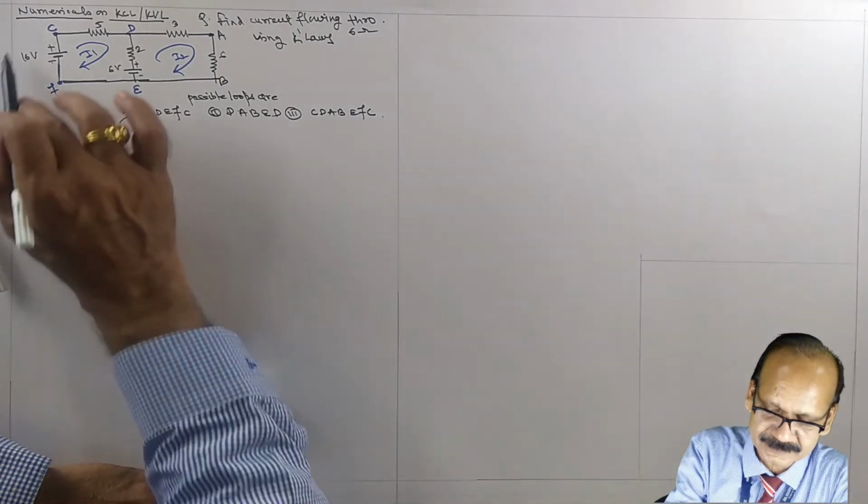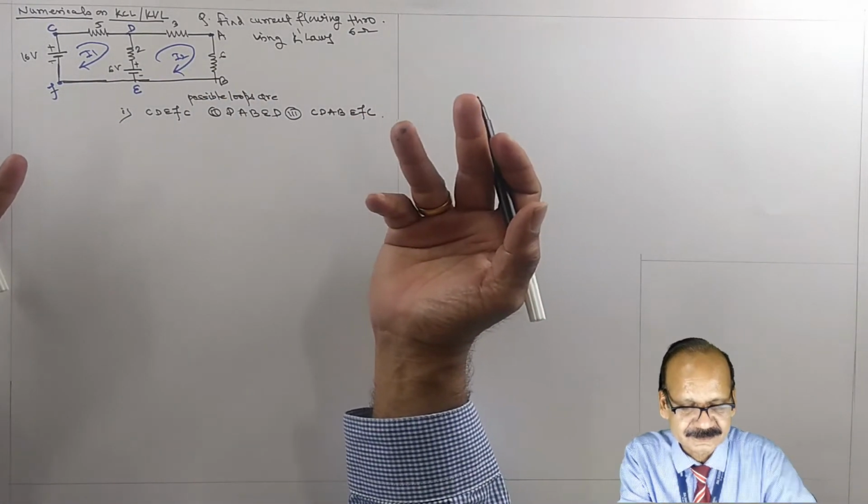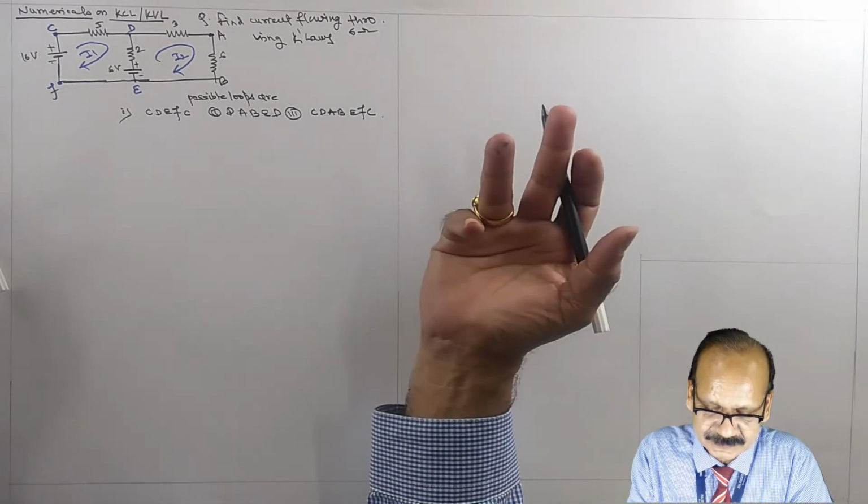Here you can solve for any two loops, you will get the solution.